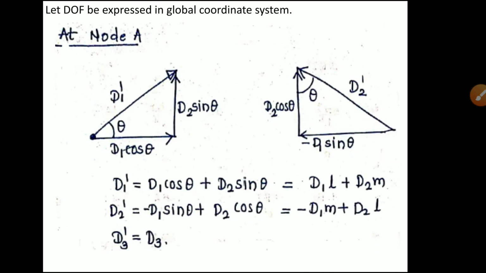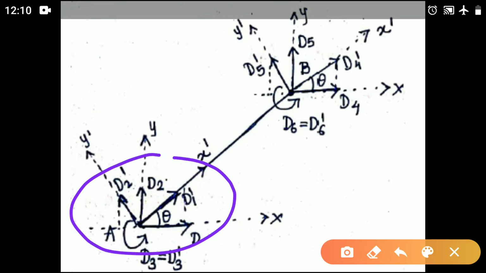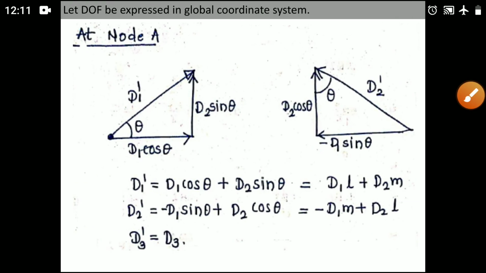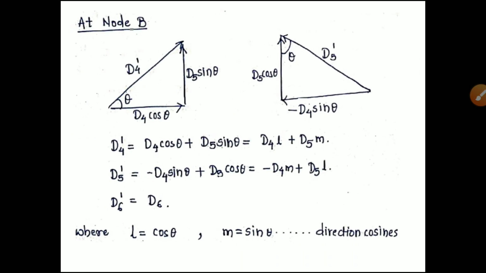So simply you have to make the geometry here, use the trigonometry at nodes A and B, and write it in a proper form. These figures are not a new figure. Whatever we have shown here, we are simply arranging those degrees of freedom in terms of triangles, as mentioned here at node A. And the same thing you have to repeat at node B also.